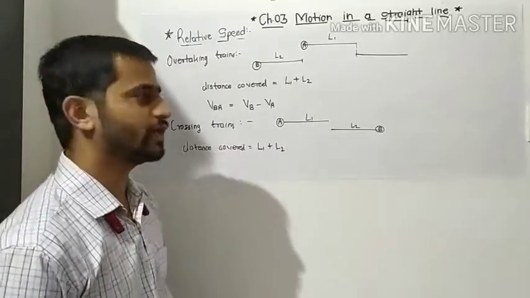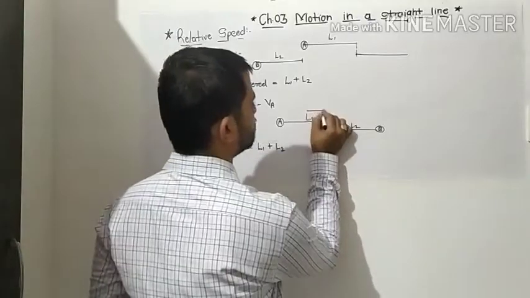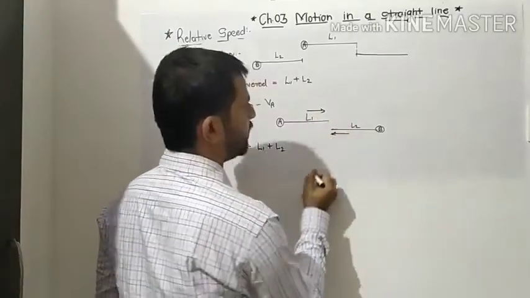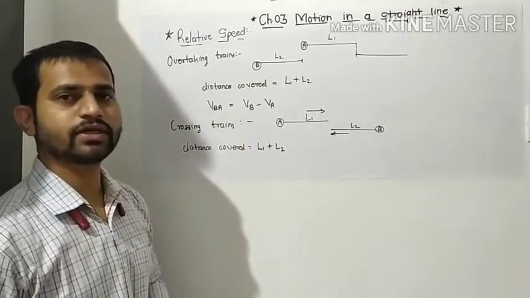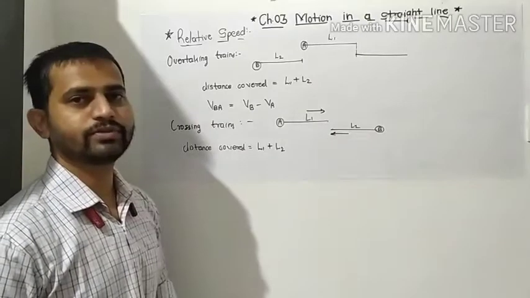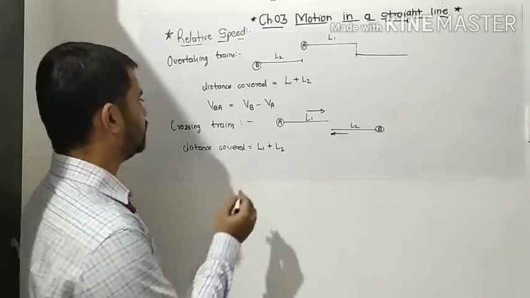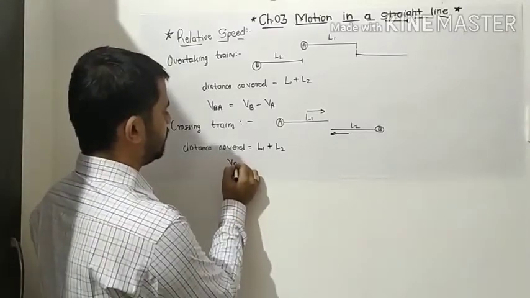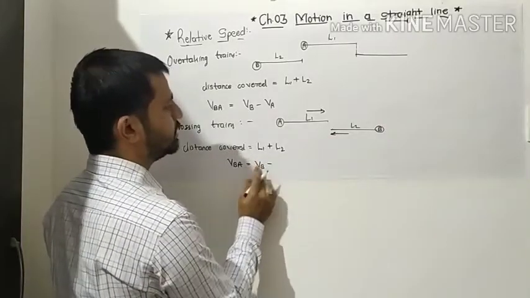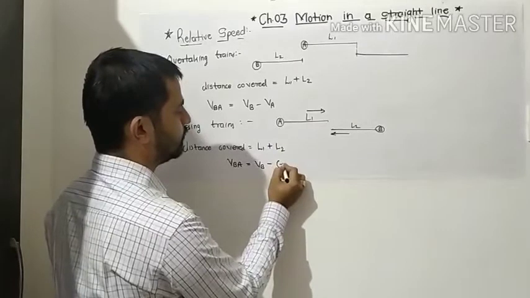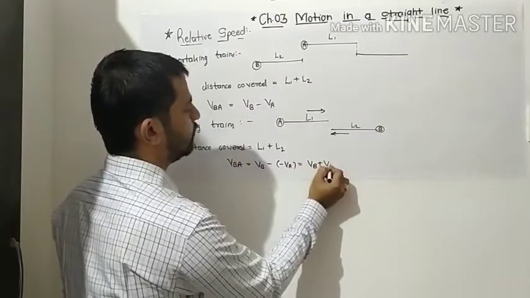Now what about the velocity? If we see here, this train is going to this side and this train is going to this side. So as per our sign conventions, the velocity of train B with respect to train A, VBA, is equal to velocity of train B minus the velocity of train A, and in this case we have to take the negative sign, so it will be VB plus VA.